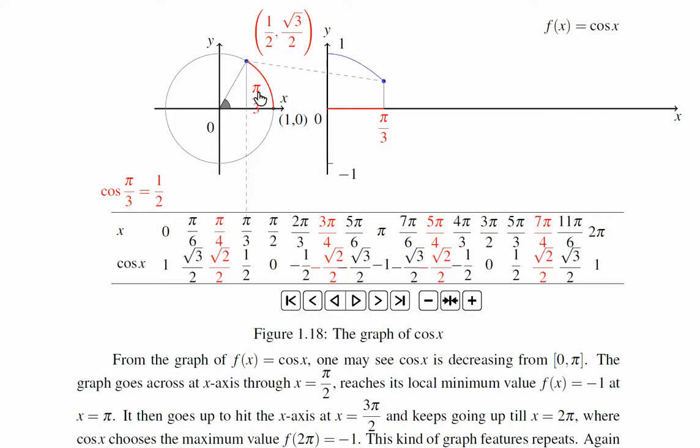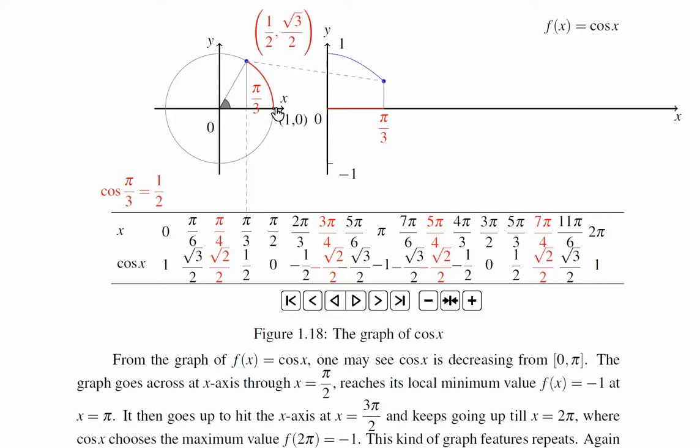And this x stands for this x-coordinate. Radical 3 over 2 is actually the y-coordinate of this point. So here x has two different meanings.